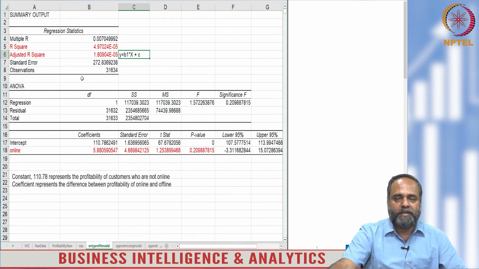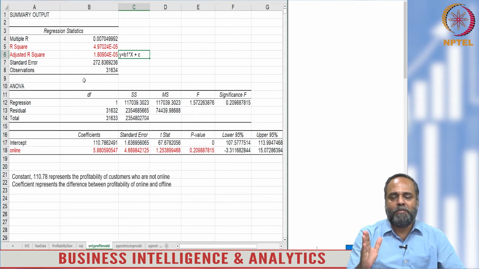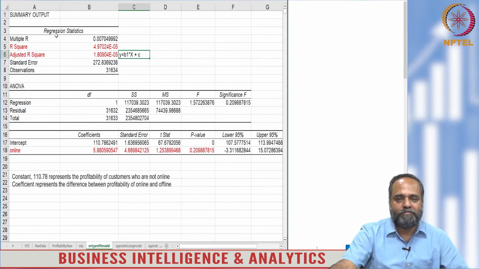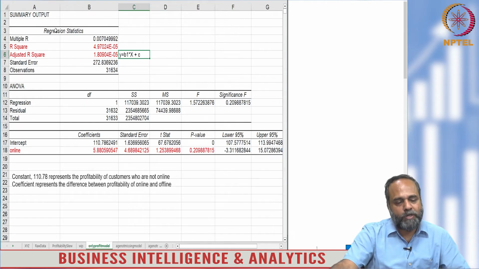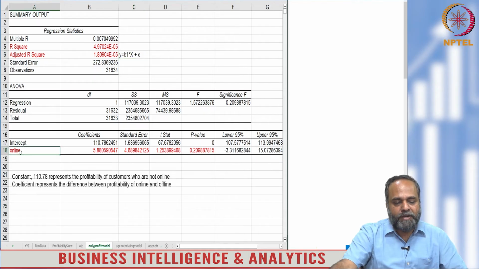Online equals 1 means it's an online customer, online equals 0 means it is an offline customer. So, one variable can take two values, and therefore one variable is enough to be defined in the model, and hence that is what I am doing. I am using Excel to run my regression, and I have online as the independent variable.